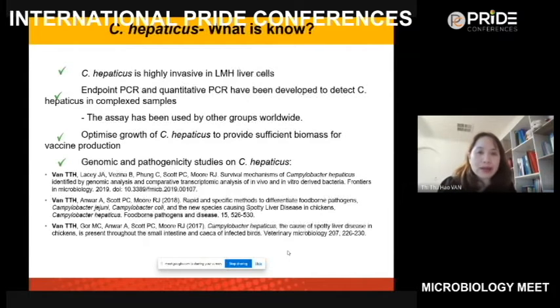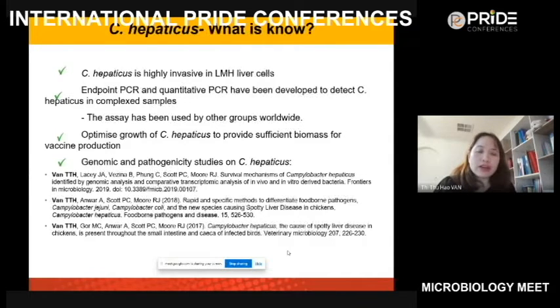So what's known about C. hepaticus, the bacteria that causes spotty liver disease in chickens? We tested it in LMH cells, which are chicken liver cells, and it is highly invasive compared to other Campylobacter, such as Campylobacter jejuni and Campylobacter coli, which cause food poisoning in humans.